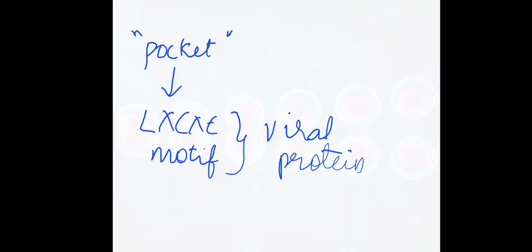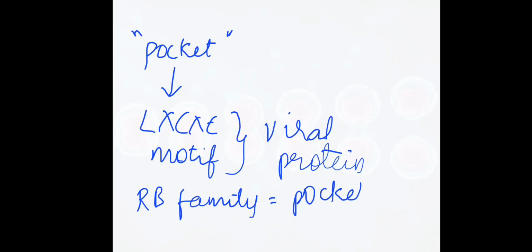For this reason, the RB family is also called the pocket protein family. As it has a conserved domain called pocket, the RB family is known as the pocket protein family.